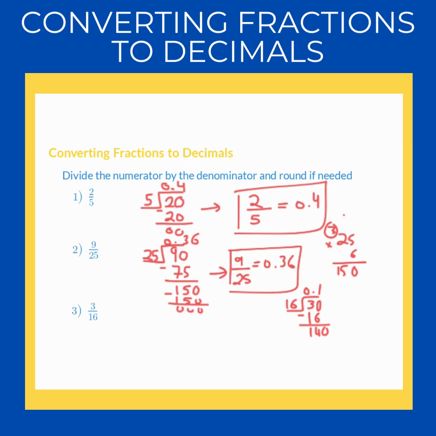If I try 16 times 9, the answer is 144. I can't pick 9 because 144 is bigger than 140. So I have to pick 8. 8 times 16 is 128, and now I subtract 140 minus 128. The answer is 12.